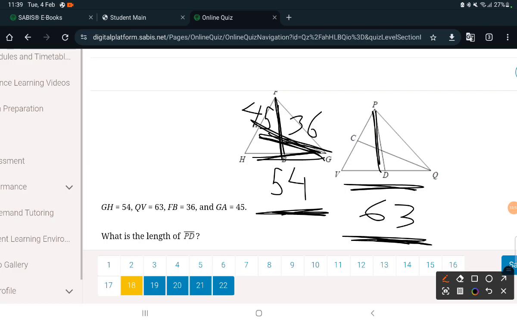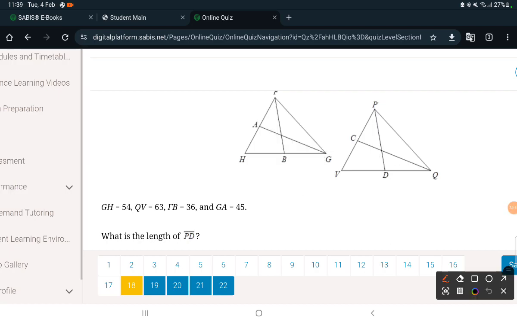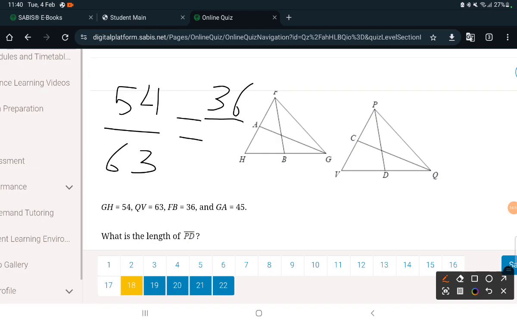And then, as we said, the value of FB is 36, we wrote over here, and that is the similar side to PD from the second triangle. So we could do 54 over 63 is equal to FB, which is 36, over PD, or as I like to call it, x.